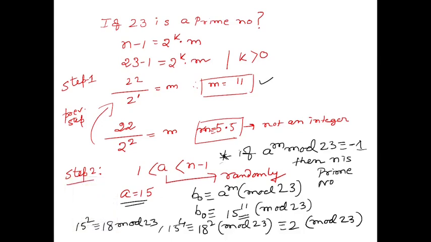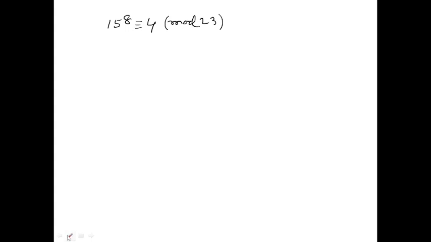So we have calculated 15 square, 15 to the power 4, and 15 to the power 8. So putting all this together, 15 to the power 11 is congruent to 15 to the power 8 into 15 square into 15.